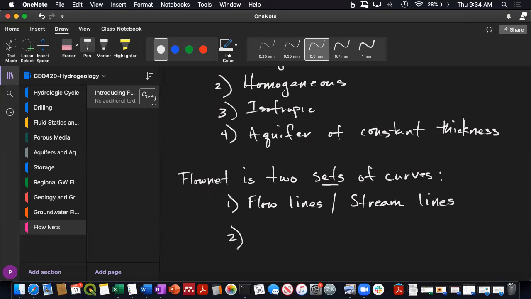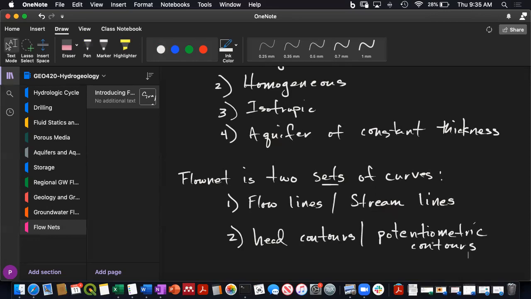And the other are called head contours or potentiometric lines.